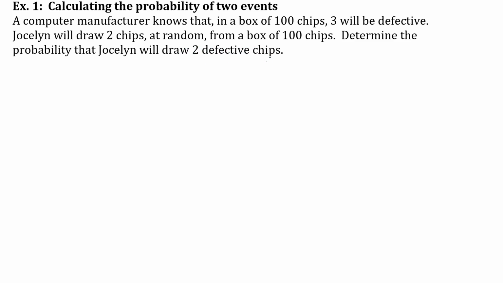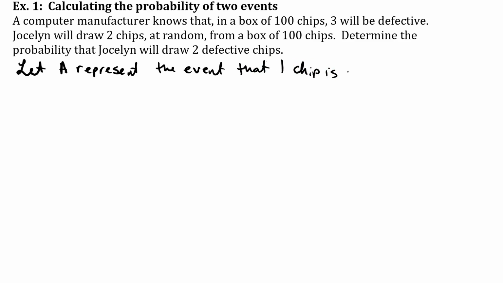Now the understanding here is that when Jocelyn draws that first chip, she holds it in her hand, and so then she draws the second chip. So essentially what we're saying is first time there is a 3% chance, but once you've taken out that one chip, the denominator is no longer 100, it becomes 99. So let A represent the event that one chip is defective.